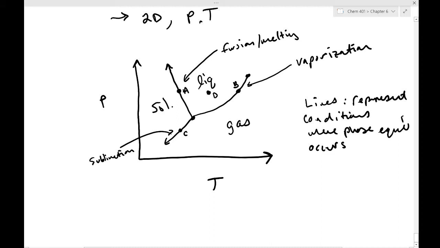And what does it mean to have a phase equilibrium? Let's look at an example, point A. Point A is directly on the fusion melting line.